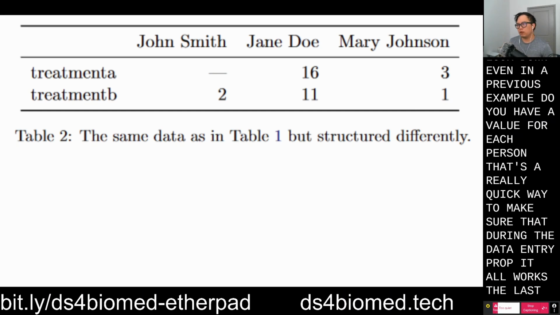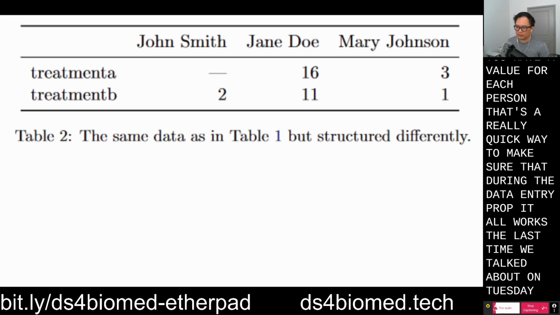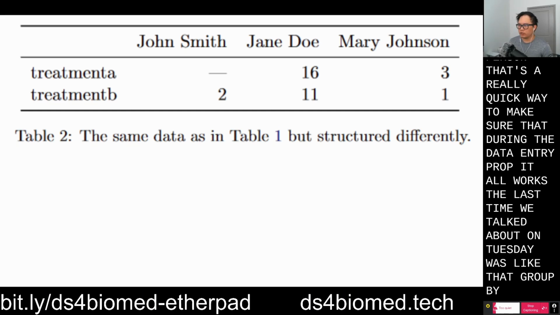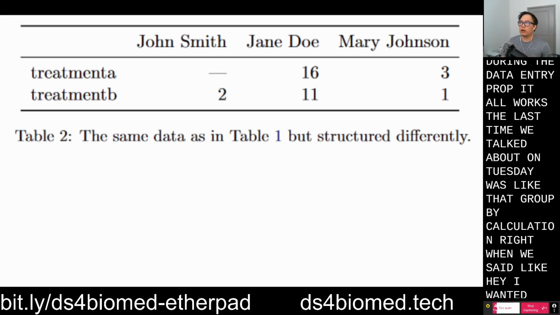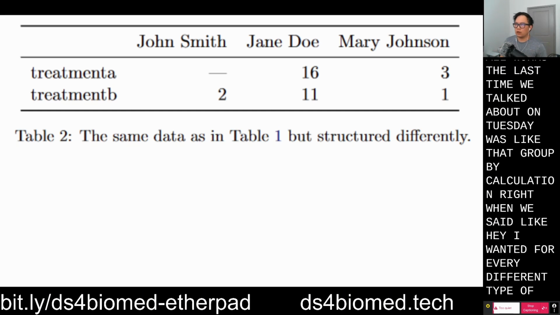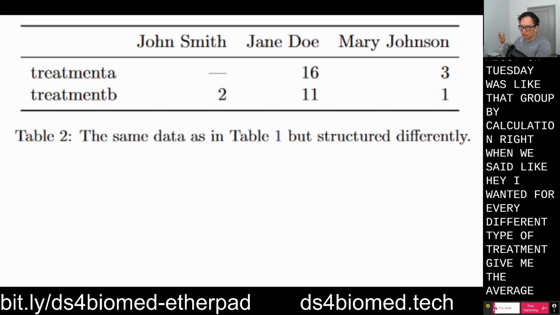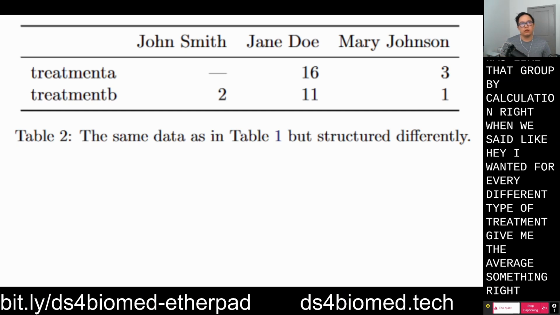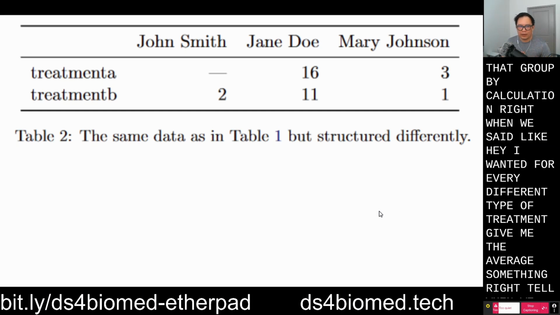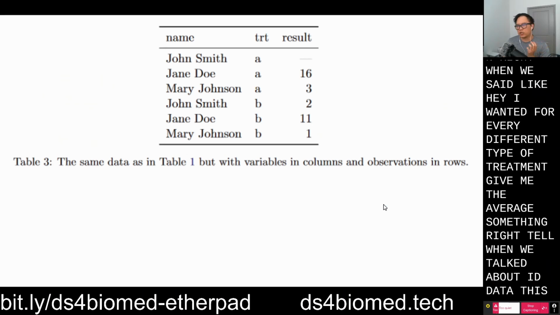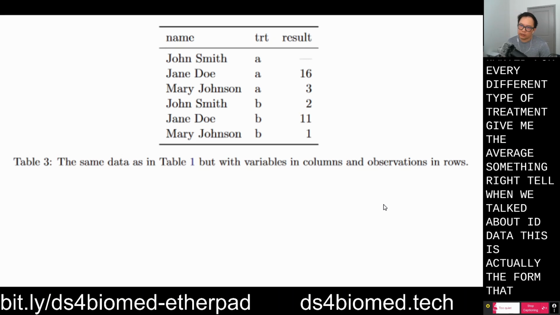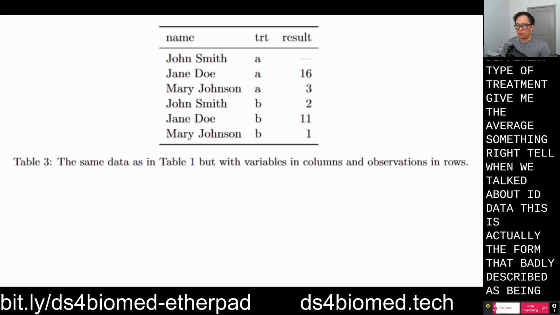So the last thing we talked about on Tuesday was that group by calculation, right? When we said, hey, for every different type of treatment, give me the average something. So when we talk about tidy data, this is actually the form that Hadley describes as being tidy.